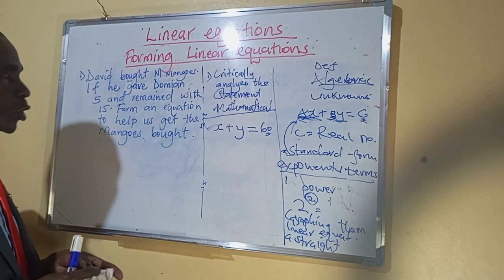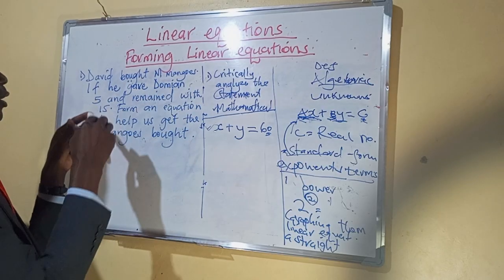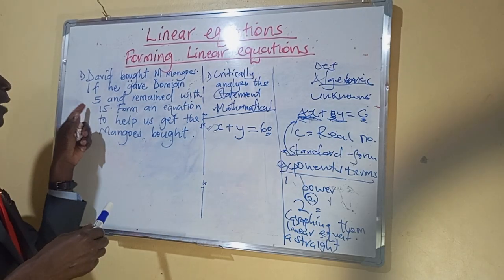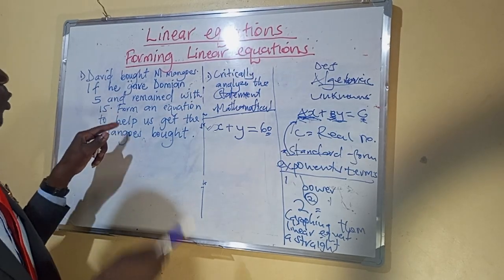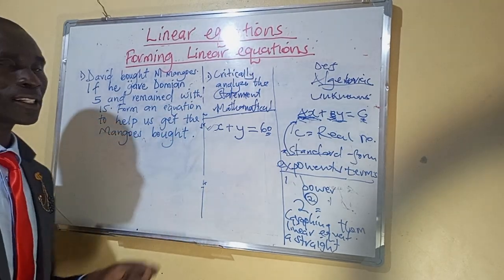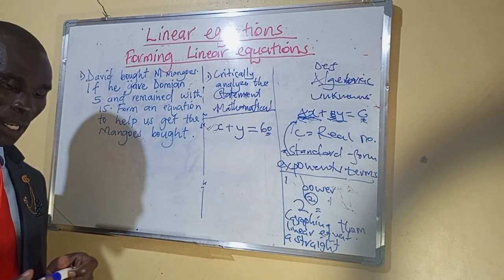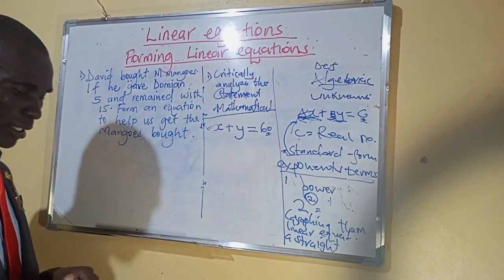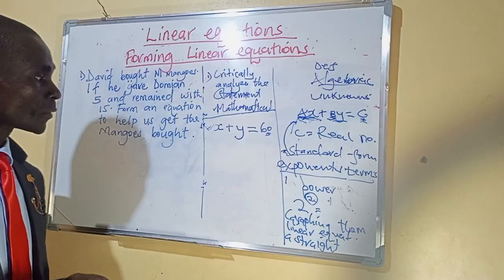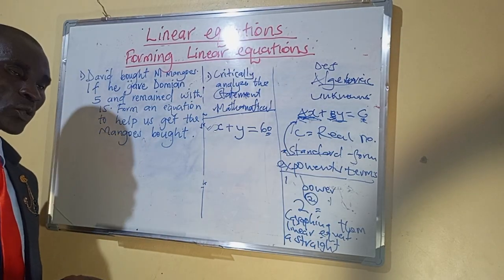We don't know the total value. If he gave someone 5 of them and remained with 15, you're told to form a linear equation that will help you to find the total amount of the mangoes that this guy had bought earlier. So what do you do in this case? You can pause and then try to solve.